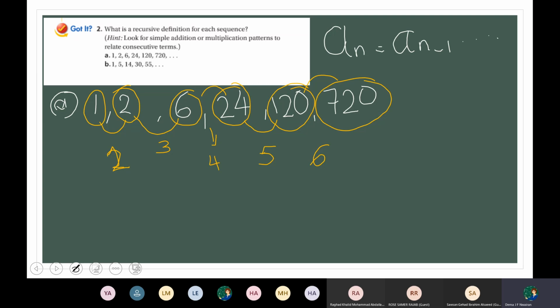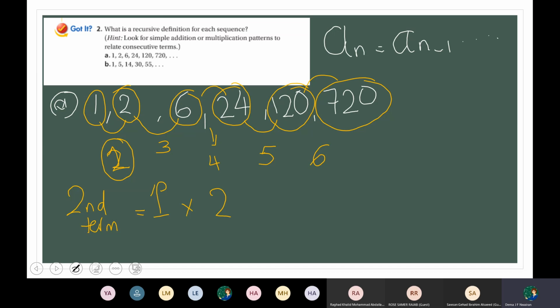As you see from here, I can find a fixed thing that I can say is my formula. Look at me, how can I now translate my words into numbers? I find the second term by multiplying the first term, which is 1, by 2.